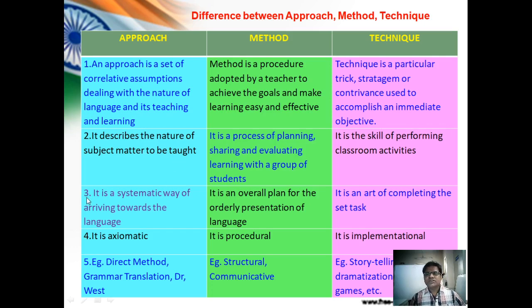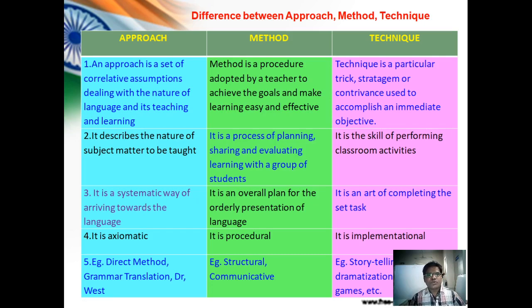If we see the third point of approach, it is a systematic way of arriving towards the language. Means in this approach, the first intention is to learn the language by using different ways, and it is the systematic way where the communicative approach is there.